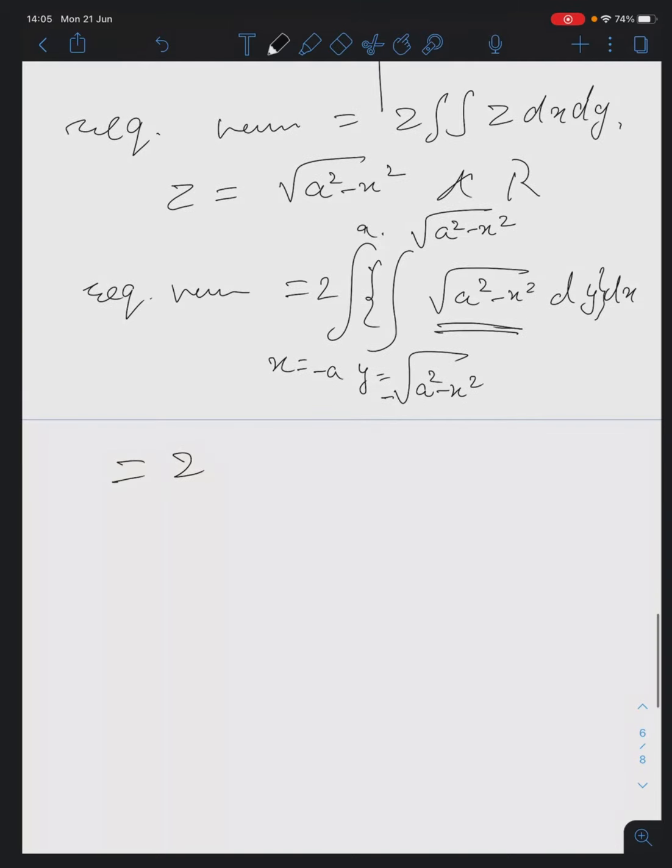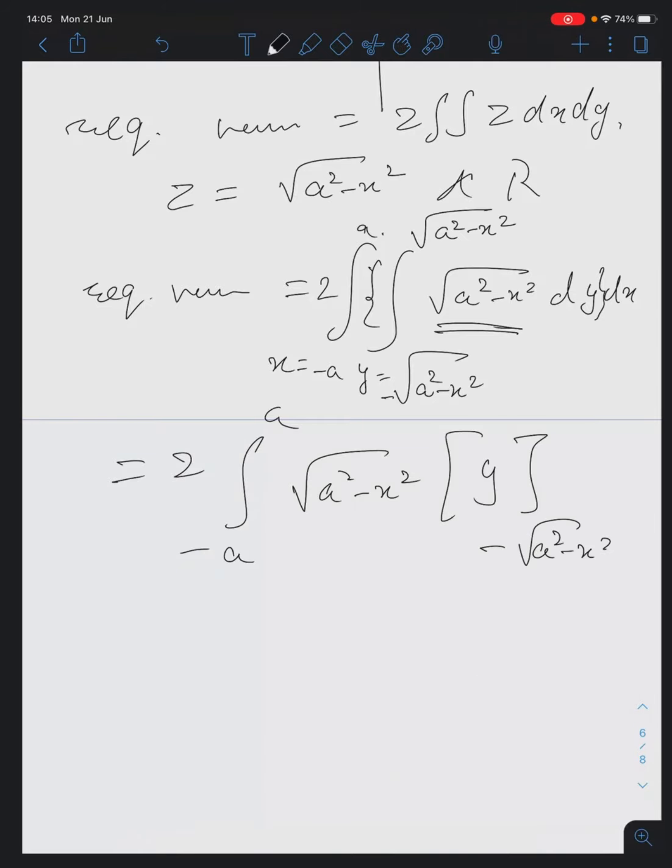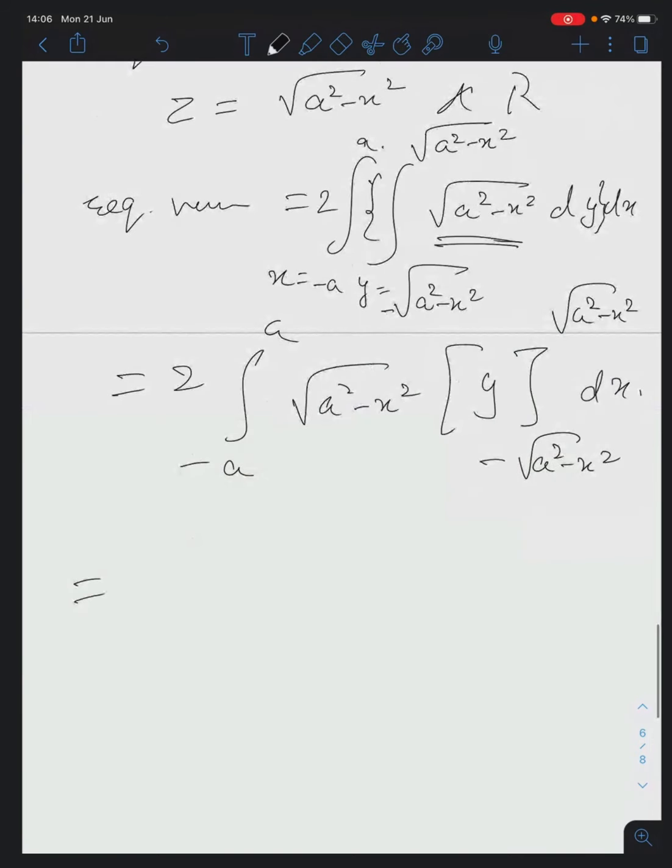No. Even if you don't apply any of those things, directly you can write this square root of a square minus x square as it is. You integrate, you will get the y value, with limits minus root over of a square minus x square to plus root over of a square minus x square dx. Now substitute the upper and lower limit. What you will get?